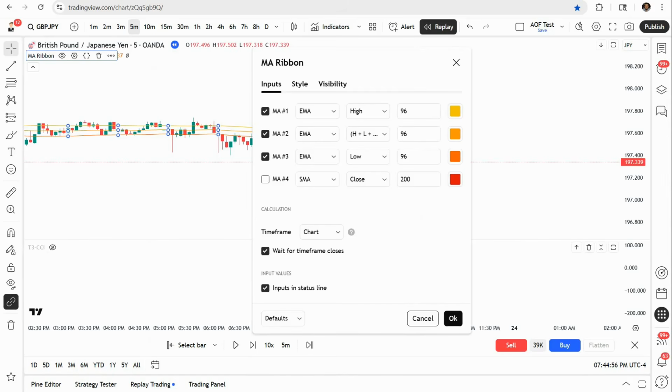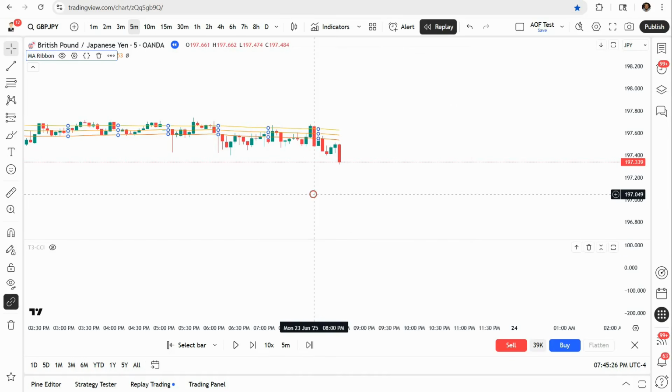Go into the inputs, change these first three selections to EMA from SMA, uncheck the fourth selection, make all the periods 96, and then the first one, you're going to change the source to high. The second one, you're going to change the source to HLC3. The third one, you're going to change the source to low. Then go ahead and click OK.